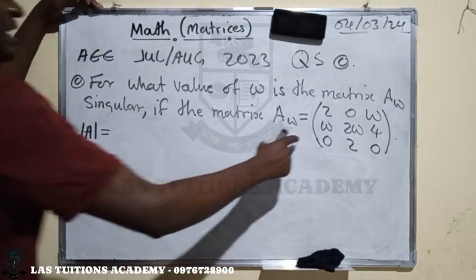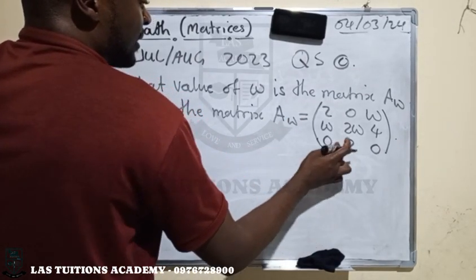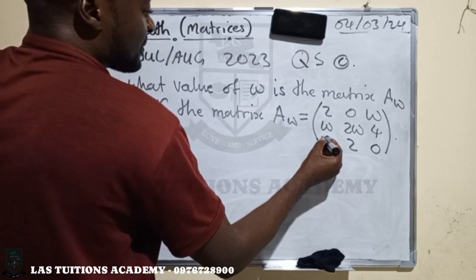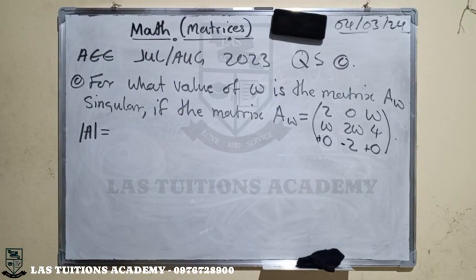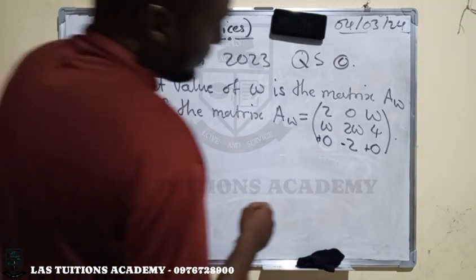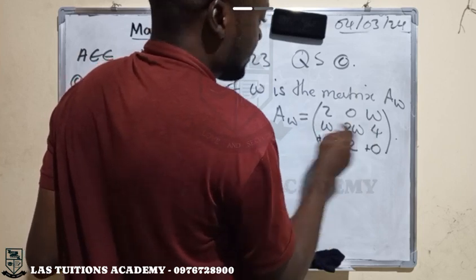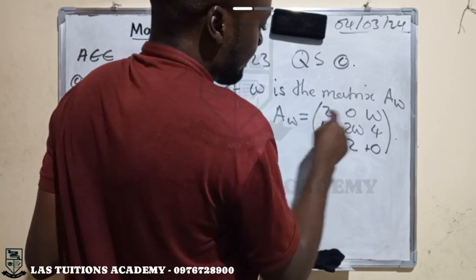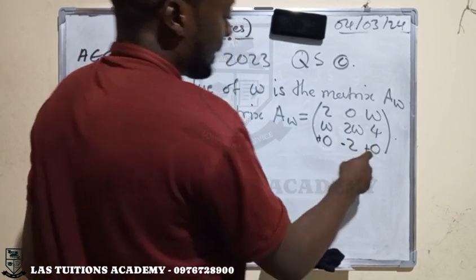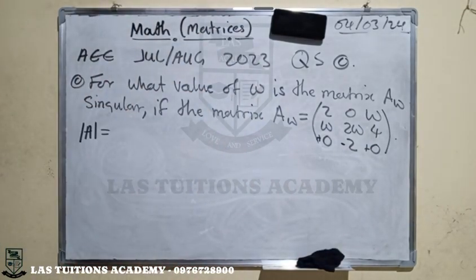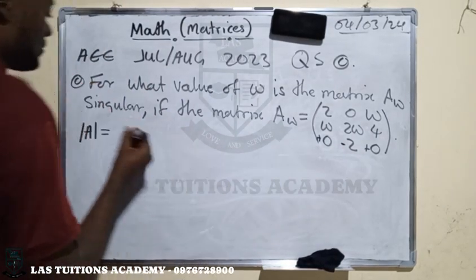So finding the determinant here, we lock this, we lock that. The signs are plus, minus, plus, and they only interchange like that. So this one will be minus. So we have a 0 here, so I have 0.